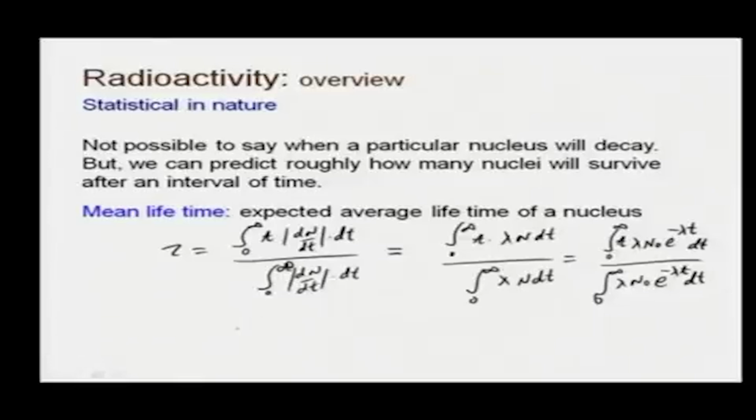If you do the integration, we will leave it as an exercise for you. The numerator will turn out to be N0 over lambda, a simple integration. You can use integration by parts.